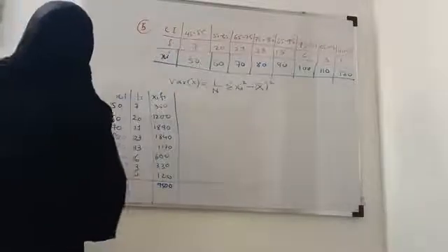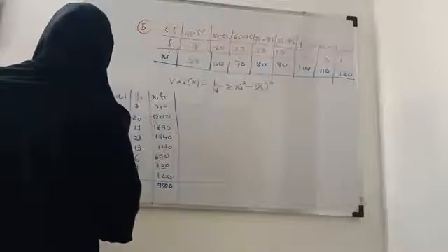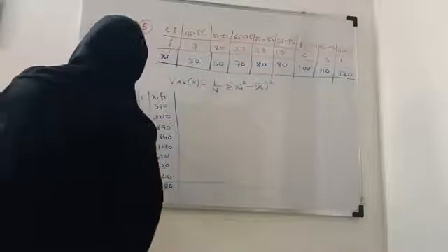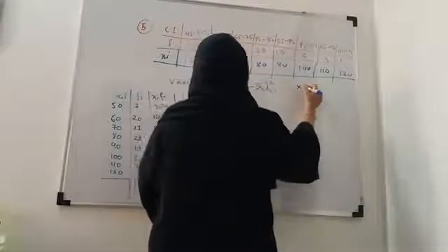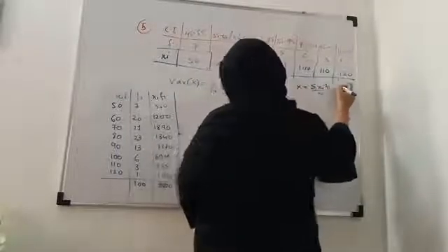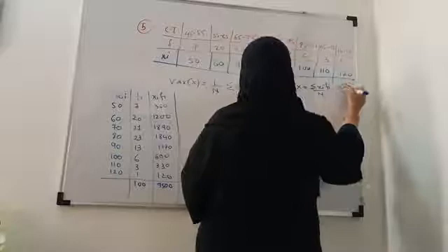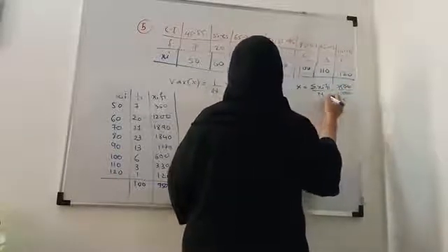And the addition of the frequencies is 7 plus 20 plus 27 plus 23 plus 13 plus 6 plus 3 plus 1, which is 100. Okay, so therefore x bar is summation of xi fi upon n. So this is 7500 divided by 100. So the answer is 75. X bar is equal to 75.